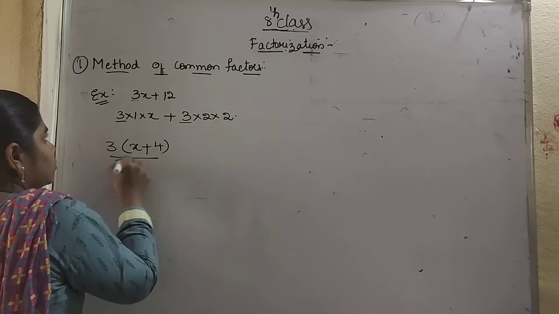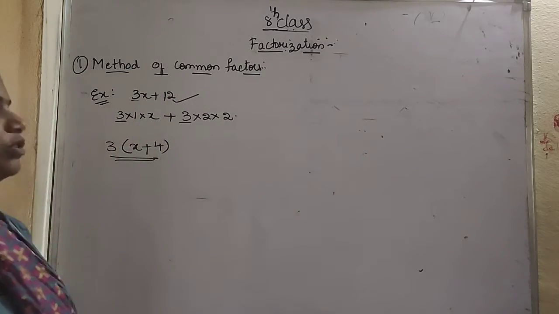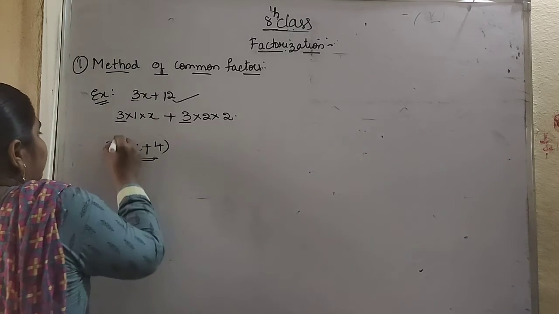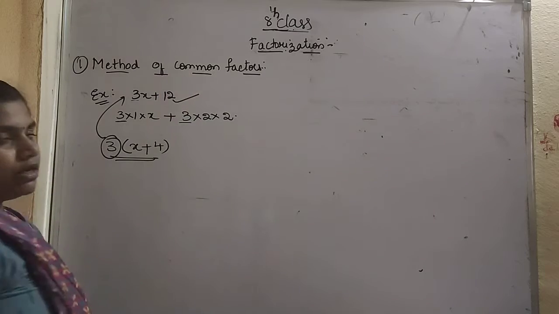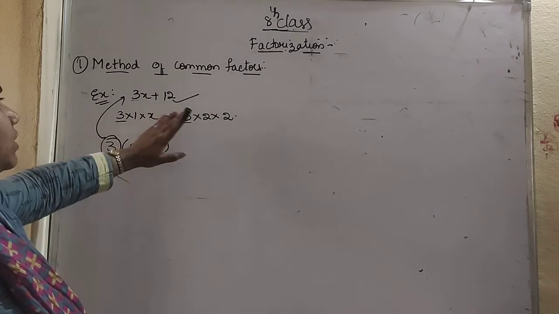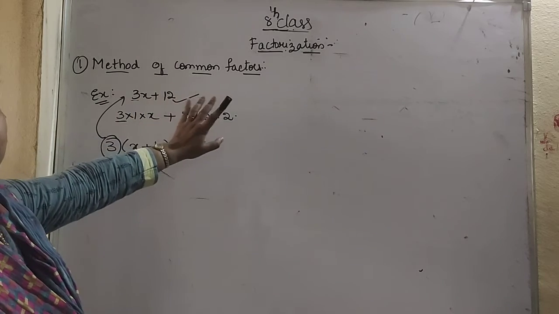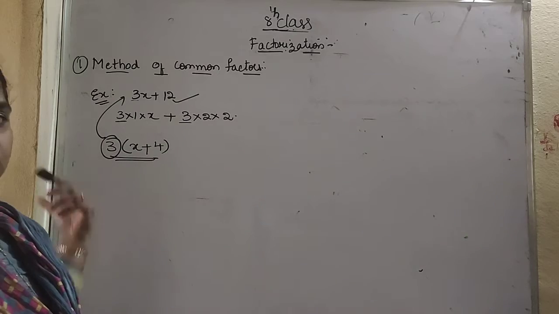So the factors of 3x plus 12 are 3 into (x plus 4). So 3 is a factor, and x plus 4 is also a factor. The method of common factors is nothing but taking out the common numbers, the common factors.